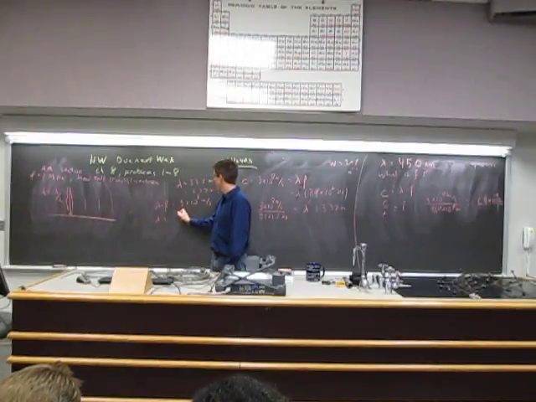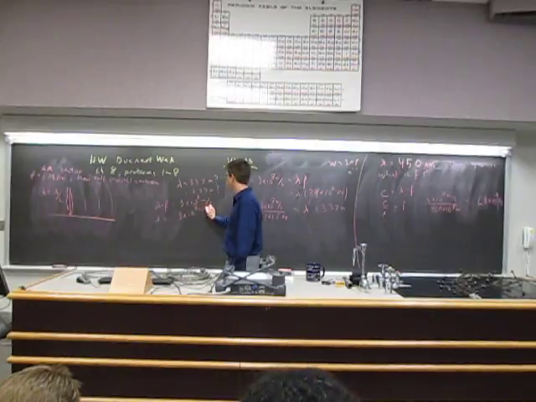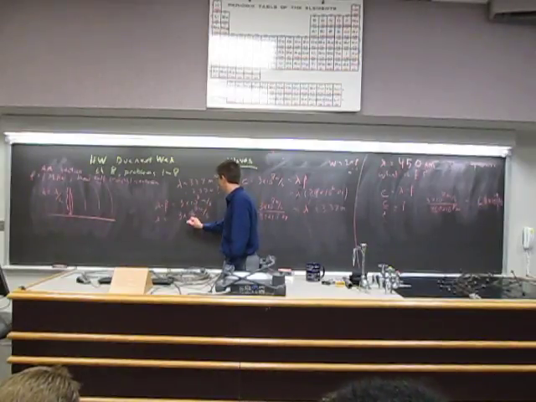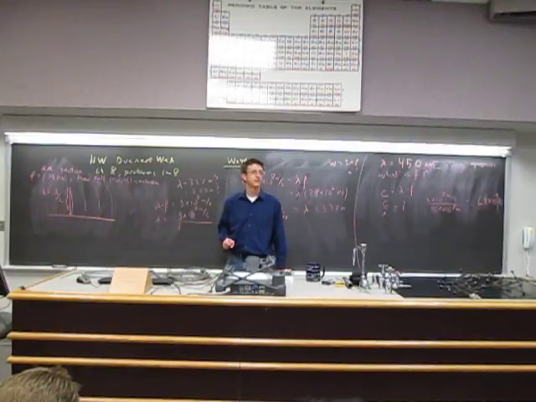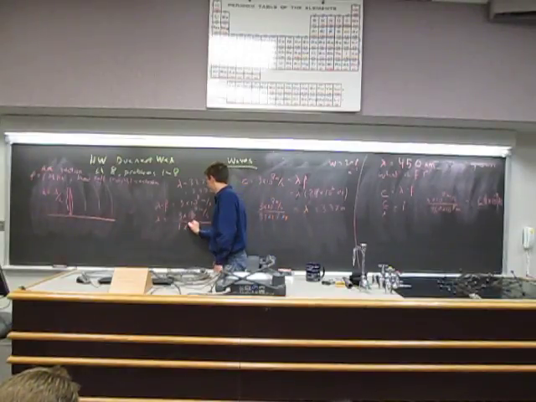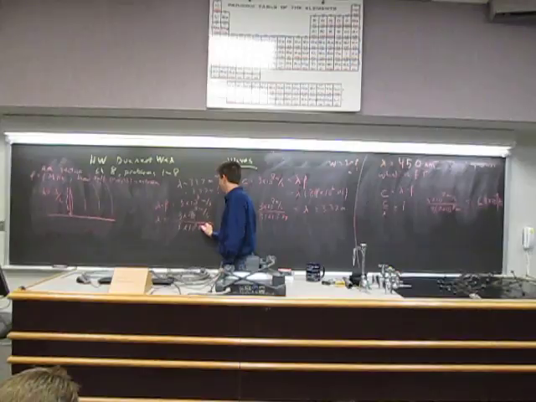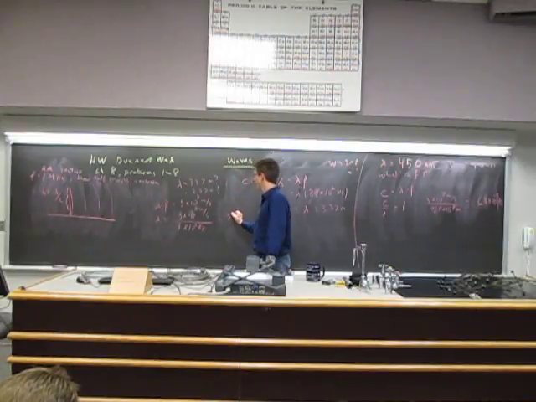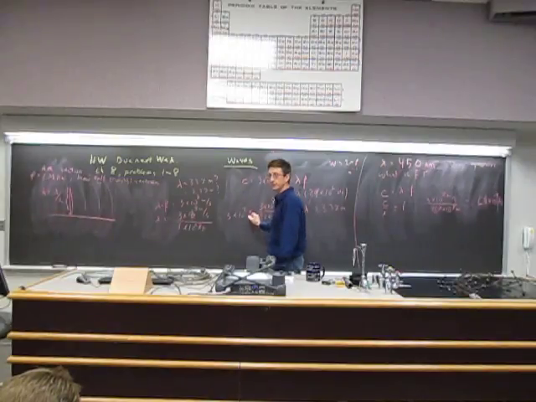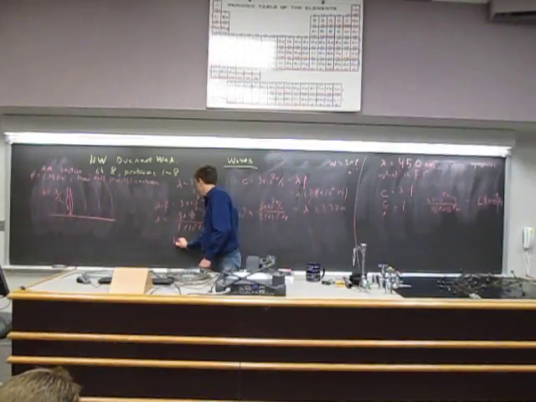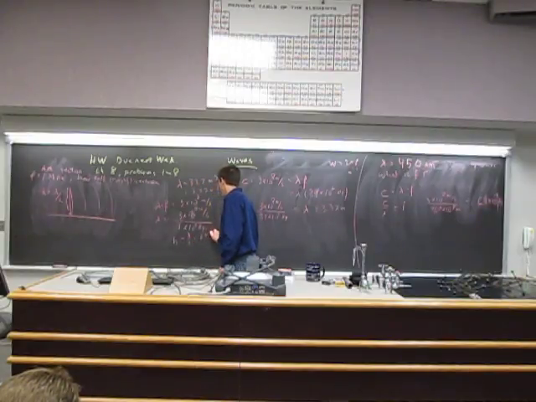So lambda is 3 times 10 to the 8 meters per second divided by 1 megahertz, which is what, a mega? 1 times 10 to the 6 hertz. So I get 3 times 10 to the 2 meters, right? So H, which is lambda over 2, would be 150 meters.